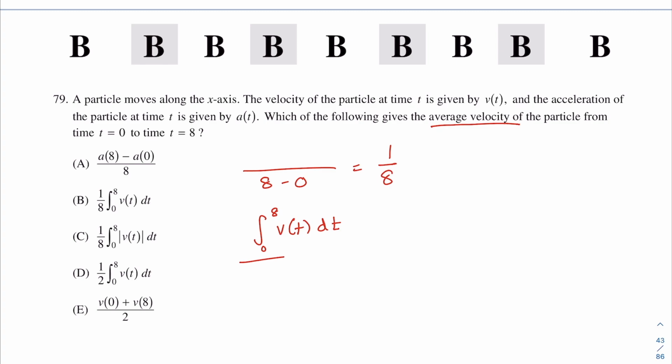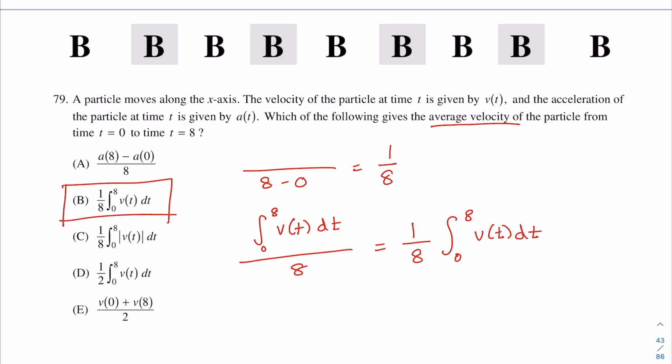And then we divide this by 8, right? So this now gives us the sum of our velocities between 0 and 8. And then we divide it by that window, which now gives us the average. Another way to write this is 1 over 8 times the integral from 0 to 8 of v of t dt. And this matches up with B.